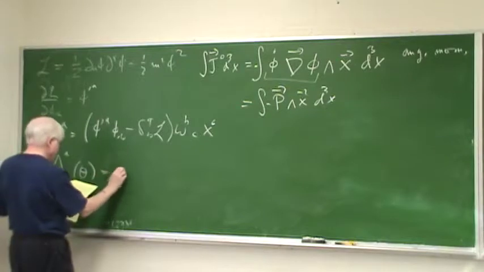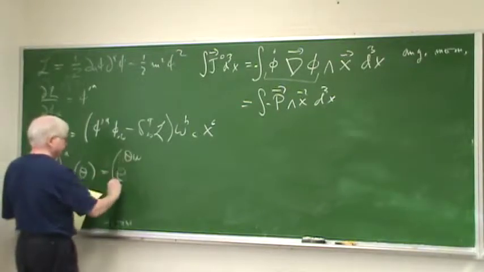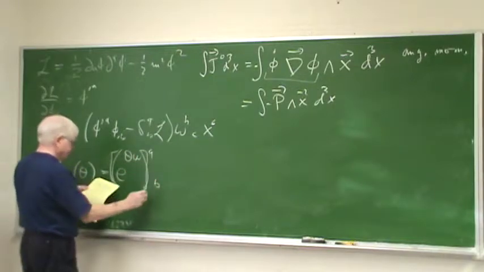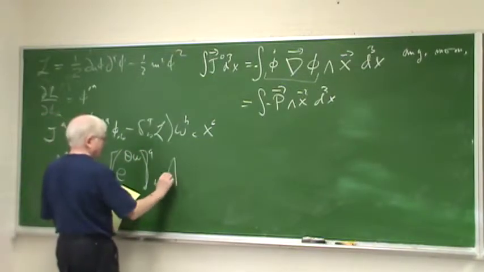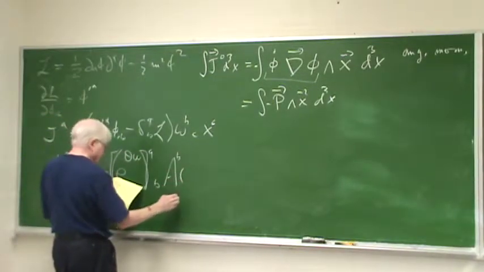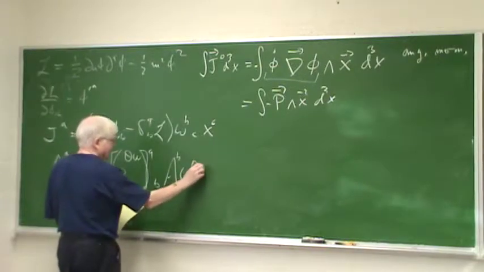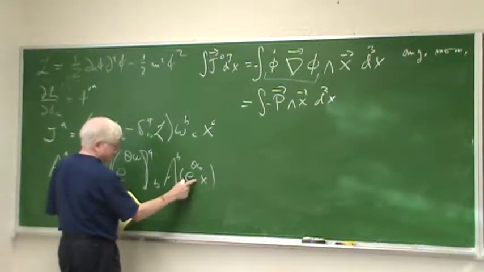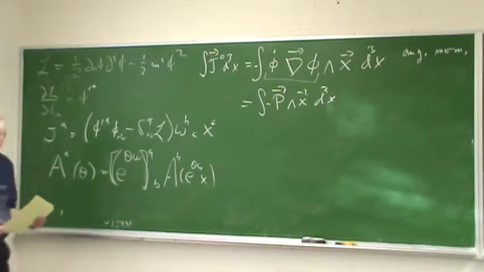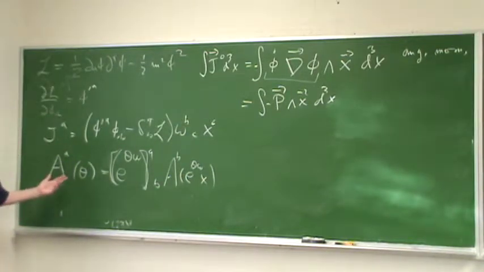And so this would be e^(theta omega) matrix AB, and the x here is e^(theta omega) x, thought of as a matrix. Okay, so this is how, say, the electromagnetic field transforms.